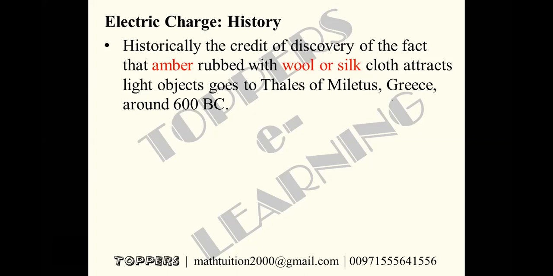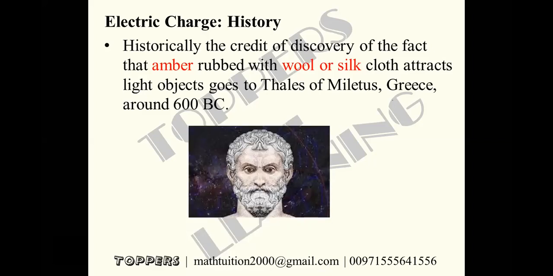It is rubbed with wool or silk cloth, and when it is brought near light objects, they will be attracted. So this phenomenon was observed by Thales, so that credit goes to him. This is the guy's face.